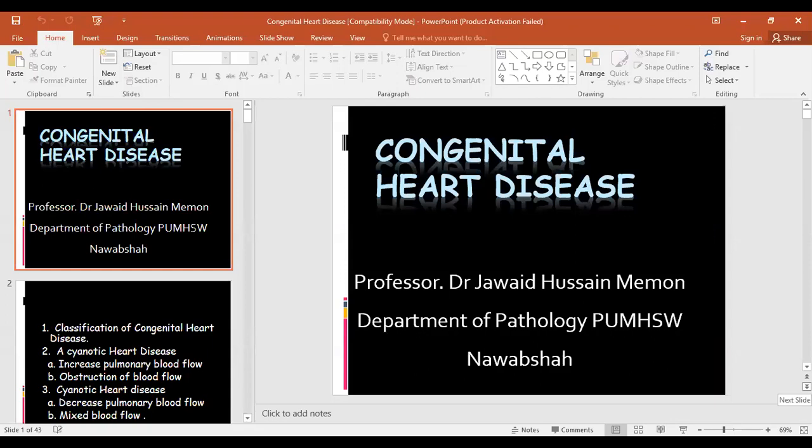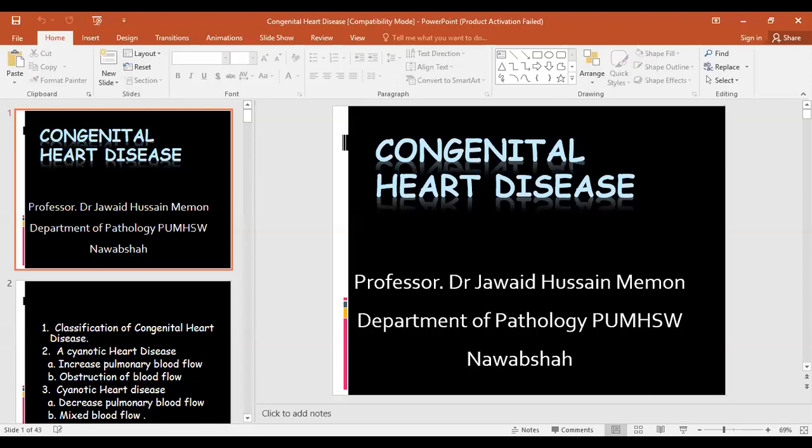We can classify the congenital heart disease into three main compartments. Number one is acyanotic heart disease, comprising the ASD, atrial septal defect, the VSD, ventricular septal defect, and the third one, the atrioventricular canal defect.